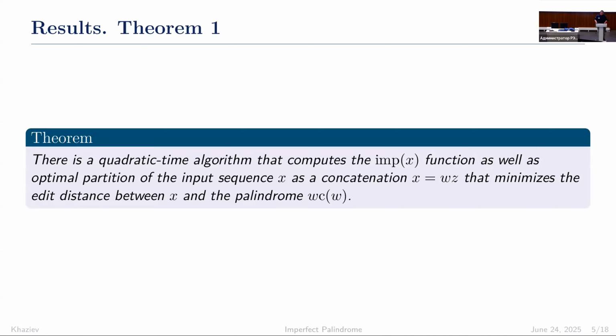In this presentation, there won't be a proof of this theorem because it's kind of long. So there is a quadratic time algorithm that computes imp of x and the optimal partition of x as the concatenation of w and z that minimizes the edit distance between x and the palindrome w C of w.